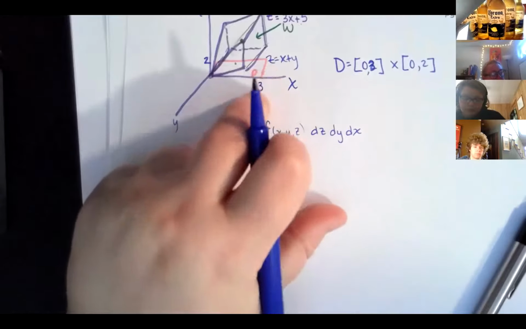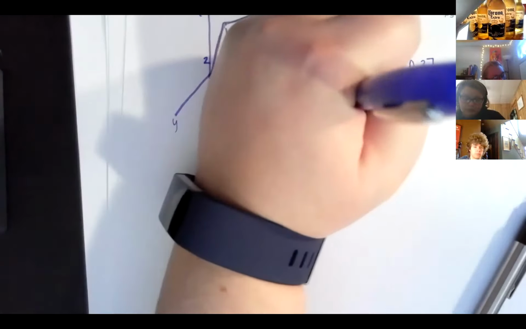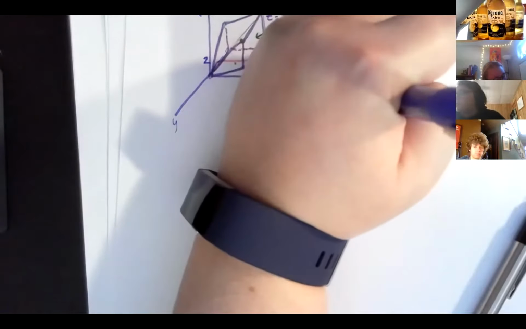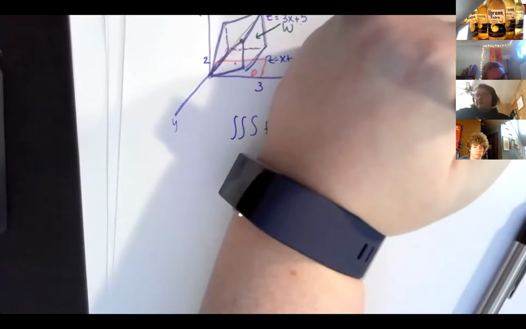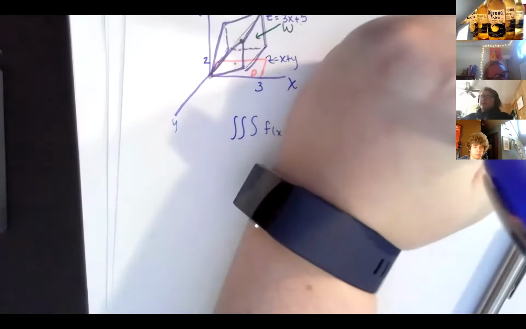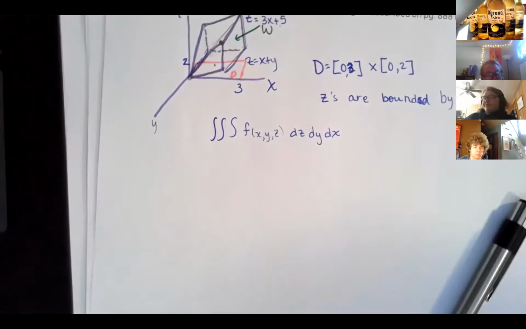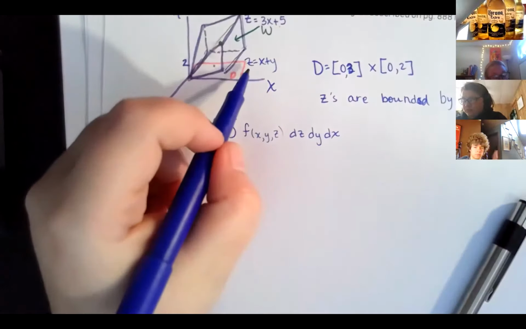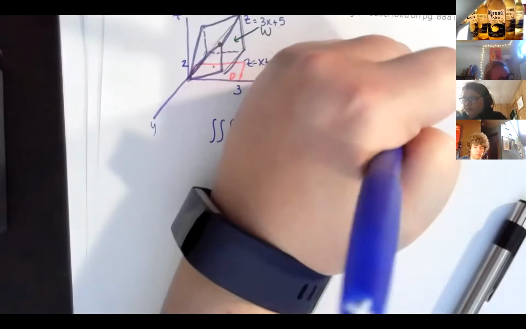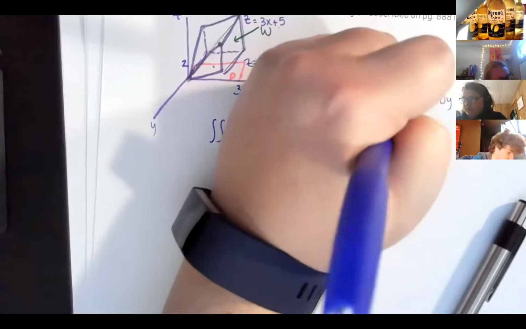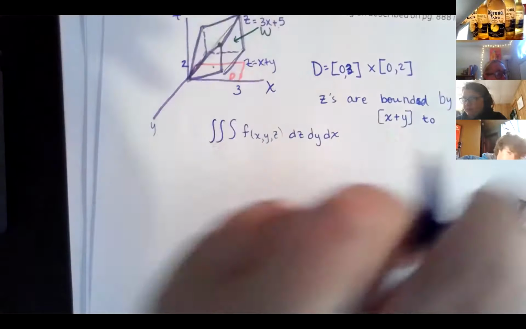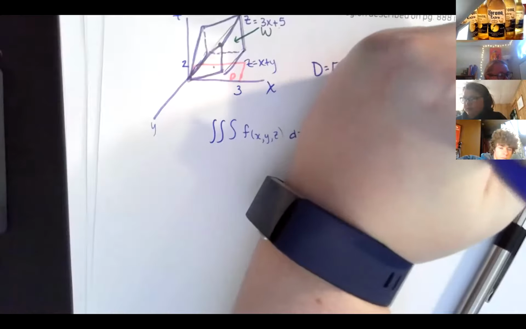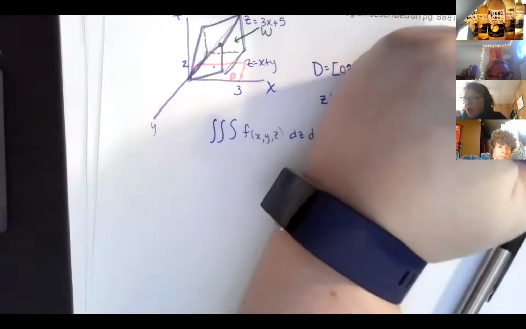That means my z's are bounded by my lower function, x plus y, and then my upper function, 3x plus y.